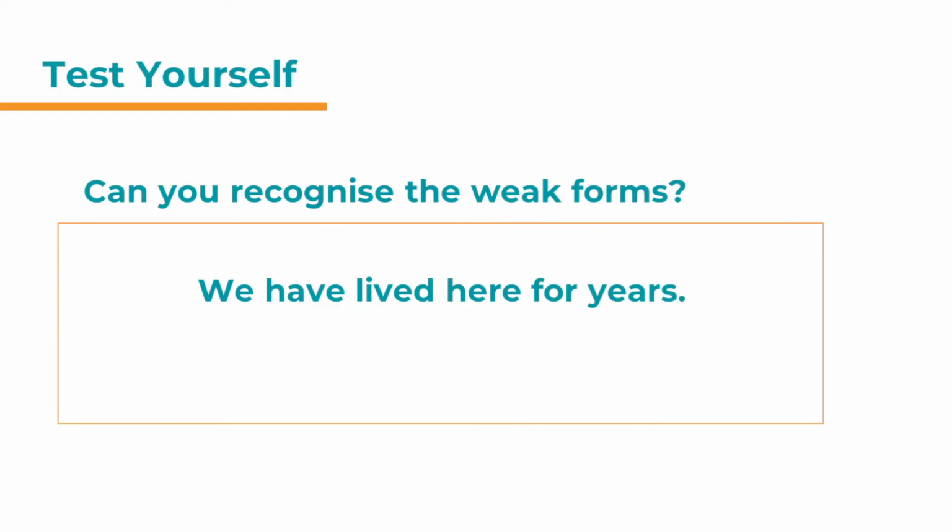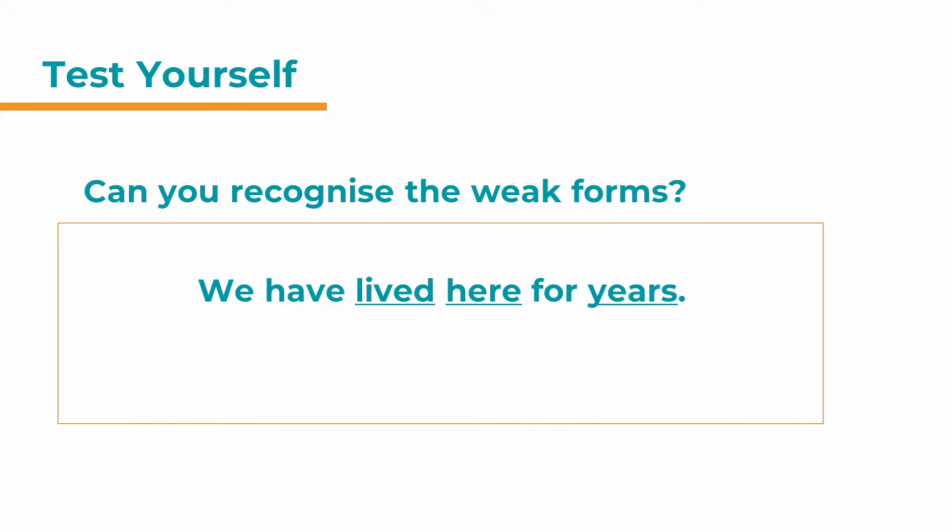Now it's time to test yourself to see how much you have understood about weak forms. Can you recognize the weak forms in this sentence? Listen carefully. We have lived here for years. Some words are louder because they're stressed and they're clearer and easier to hear, and the others are all reduced. Let's have a look.